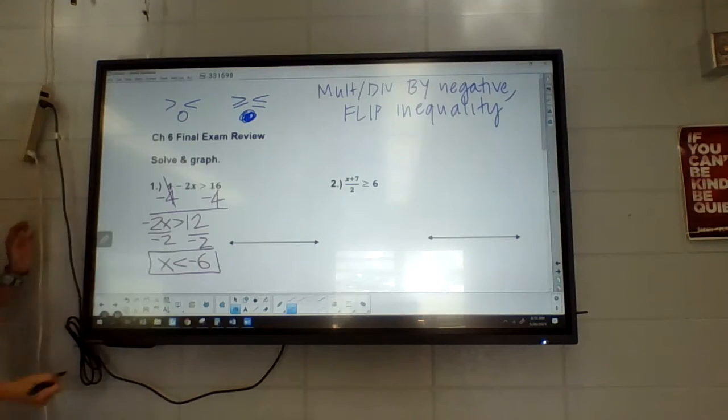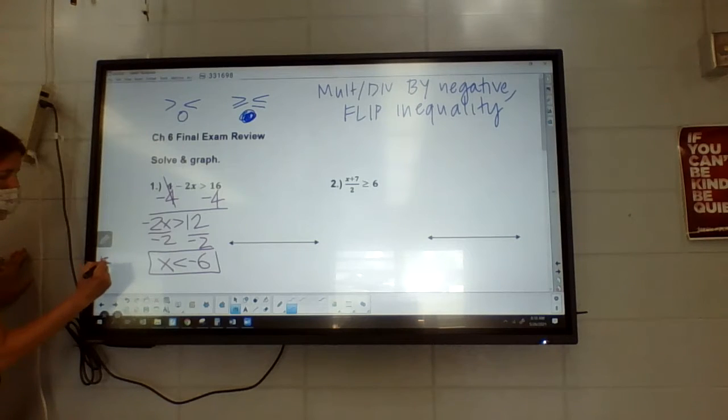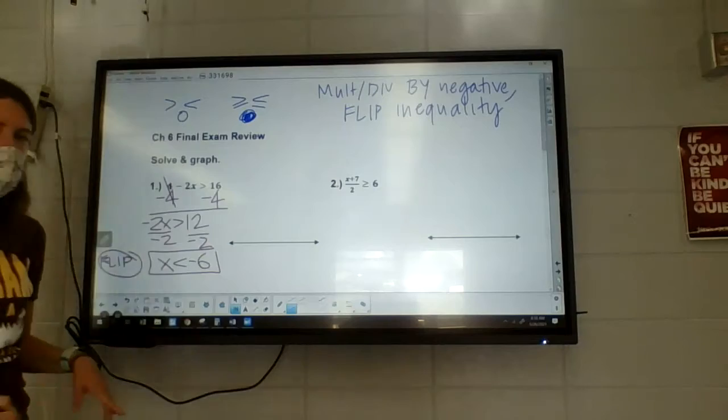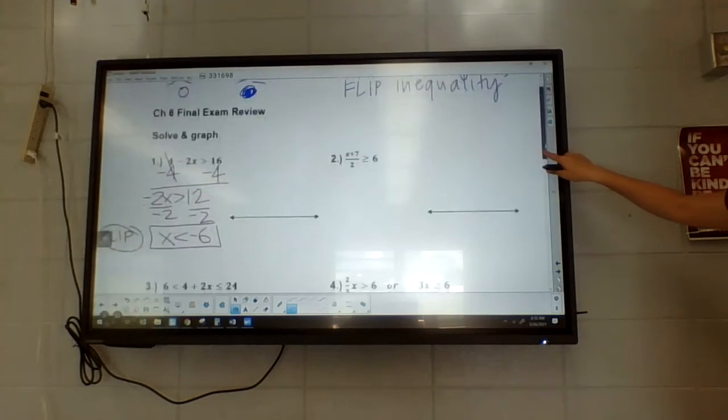My inequality will now face the other way. I usually wrote flip there just so you guys remember and you didn't look away and say what just happened there. So it was intentional that we flipped that inequality. Guys, stay with us please on this. Like I said, we'll take a break after we go through these.